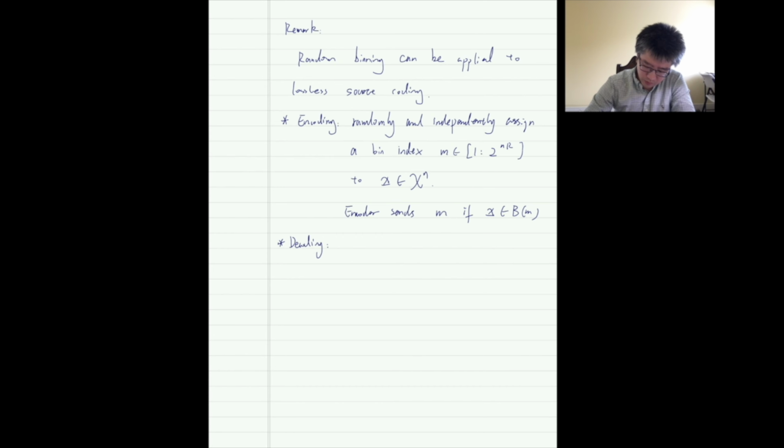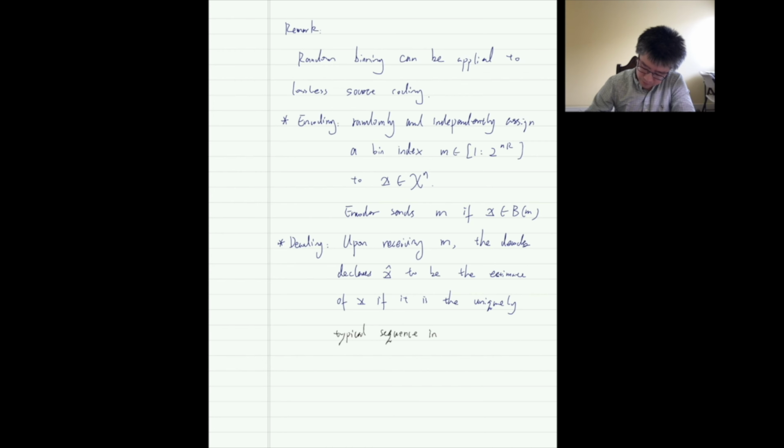So upon receiving m, the decoder declares x hat to be the estimate of x if it is the uniquely typical sequence in this bin.